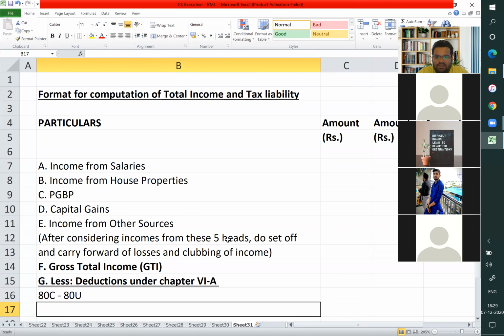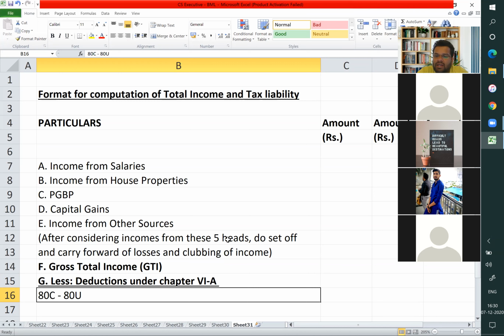But government says, if out of 15 lakhs I wish to save 1 lakh rupees for my future and deposit in public provident fund, then take deduction of that 1 lakh rupees from gross total income. So from 15 lakh, I will minus 1 lakh.